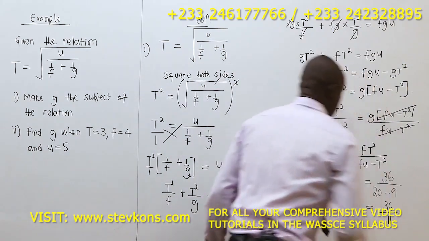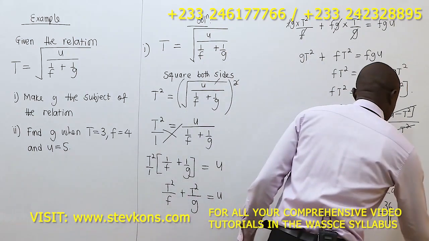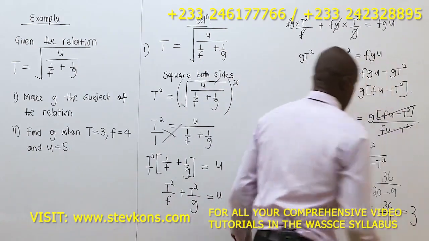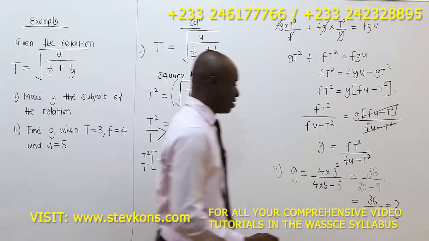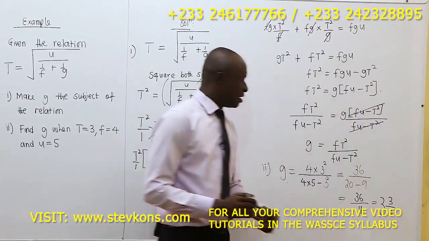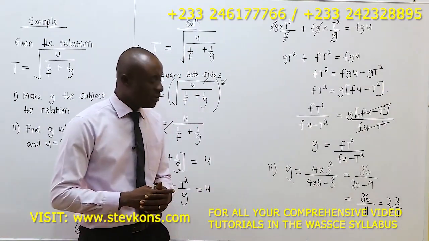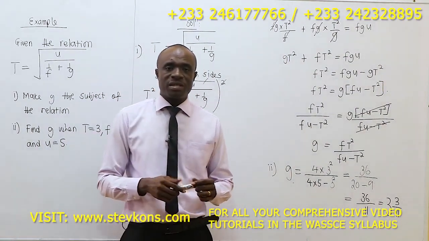Clearly, this is giving us 11. Now, 11 will go into 36 how many times? That's 3 times 33. And we have 3 over 11. Wow, that's it. Very, very easy. Very, very interesting as well.